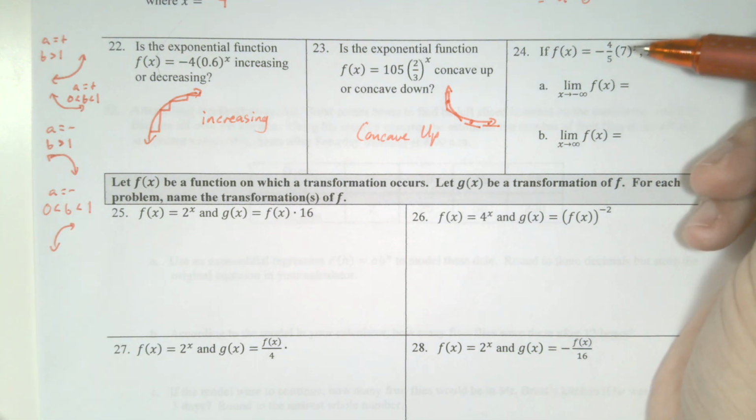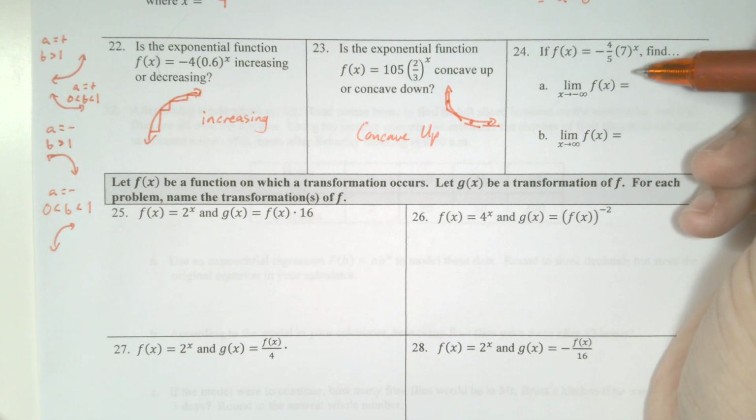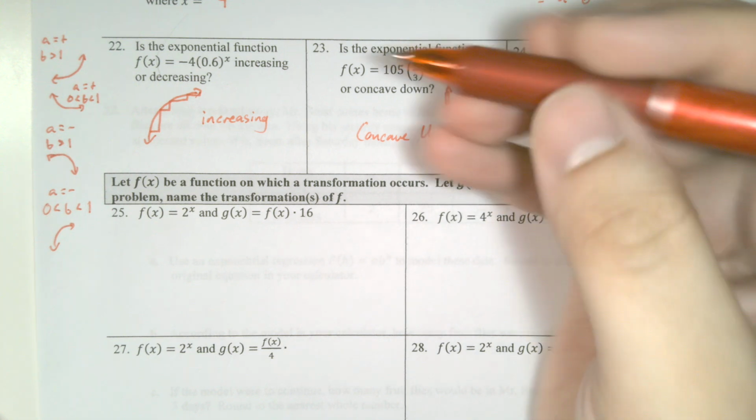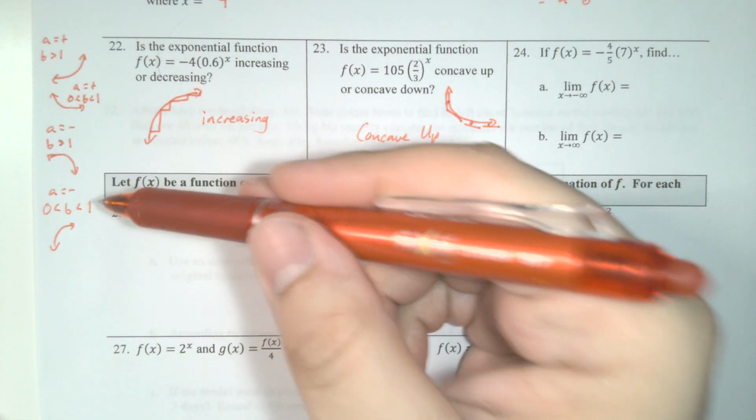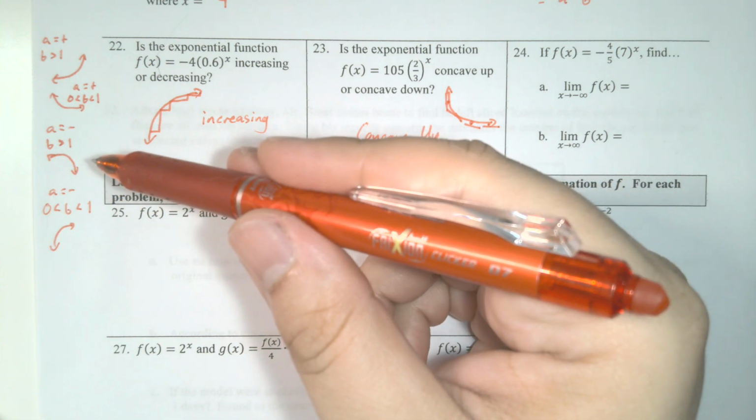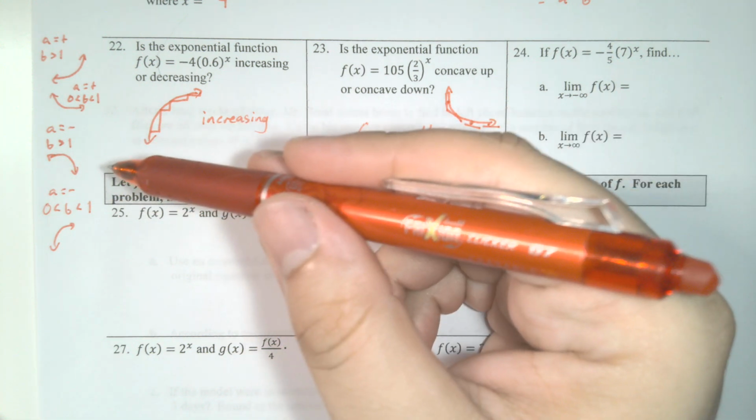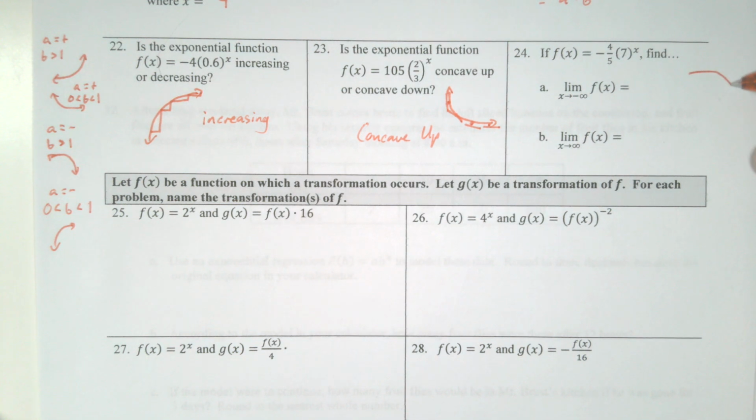And now, what about number 24? So we have to identify what a and b are. So a is a negative number, so it's going to be one of these two graphs. And then b is positive, so it's going to look like this. And so if our function looks like that, as x goes towards negative infinity, our function is going to taper off and approach 0.